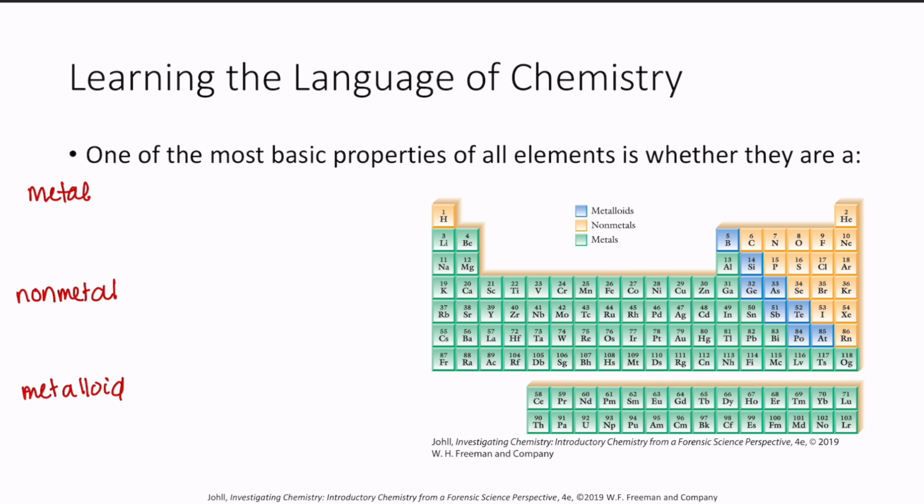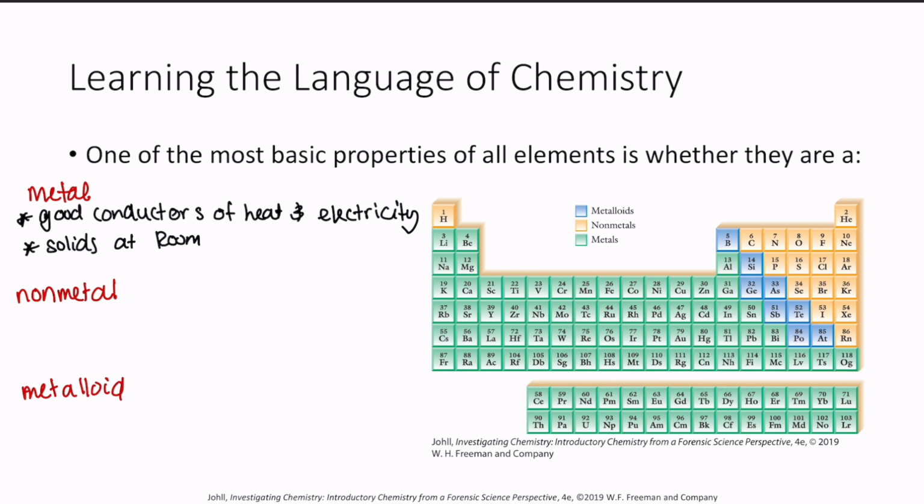Metals are good conductors of heat and electricity. They are solids at room temperature, with the exception of mercury.